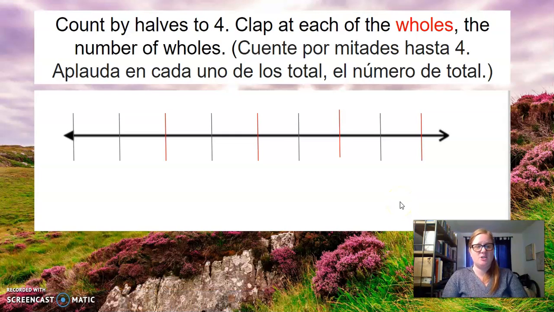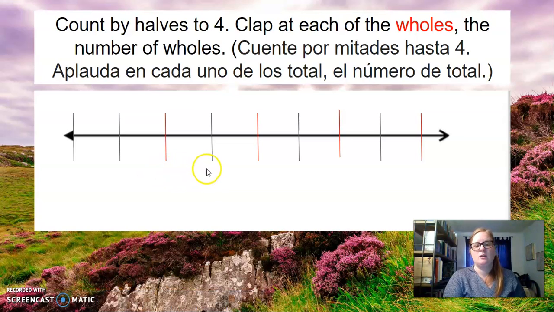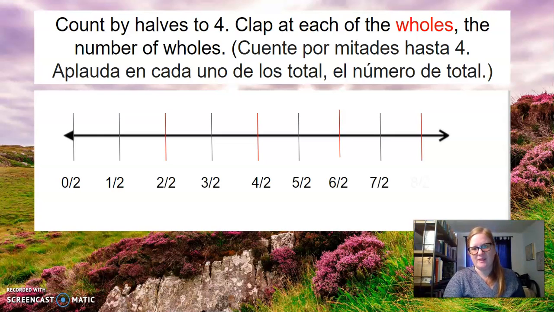Count by halves with me, and we're going to start here. 0/2, 1/2, 2 halves, 3 halves, 4 halves, 5 halves, 6 halves, 7 halves, 8 halves. Okay? Well, there they are. So as you can see, that is what we did.